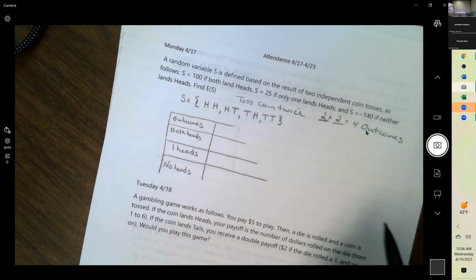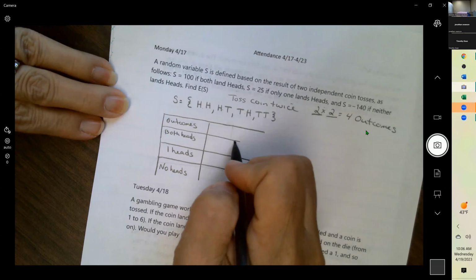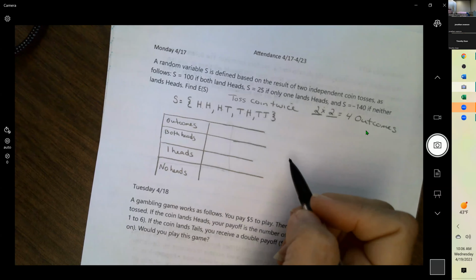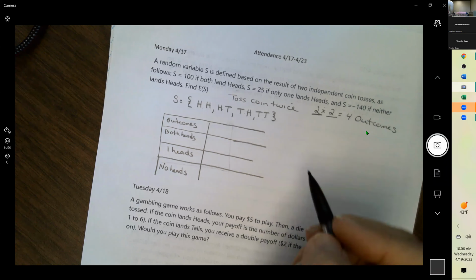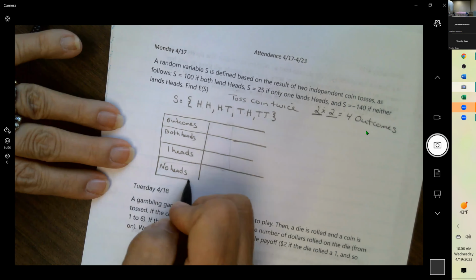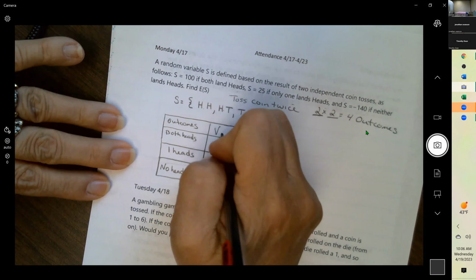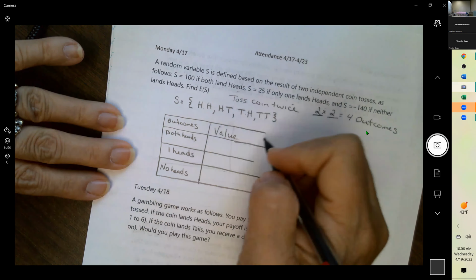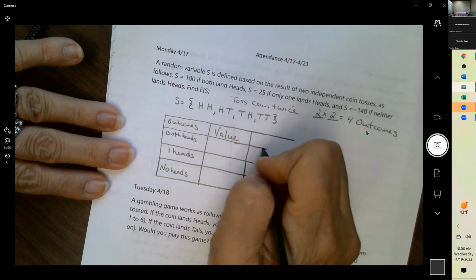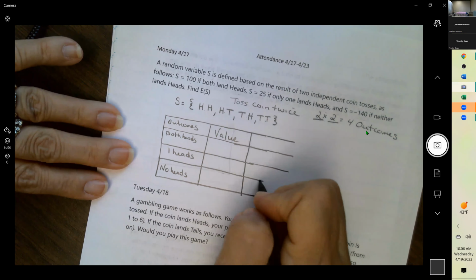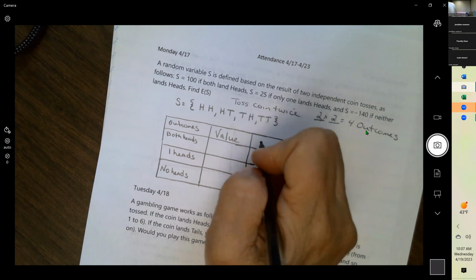So those are our possible outcomes. Now this could be value, it could be winnings. It doesn't really say, so I'm just going to call it a value. And probability.